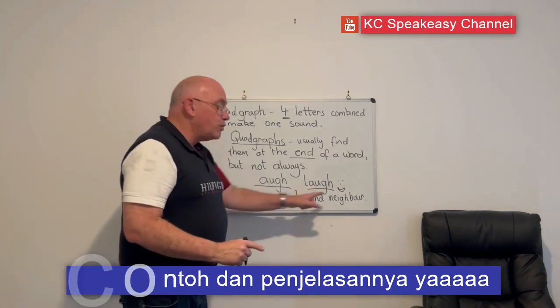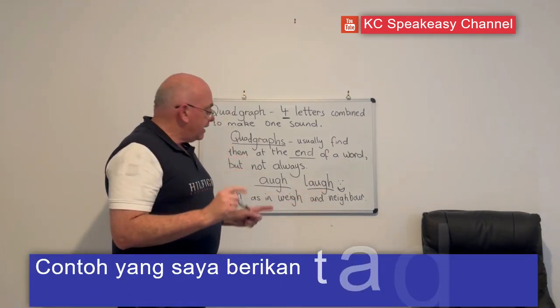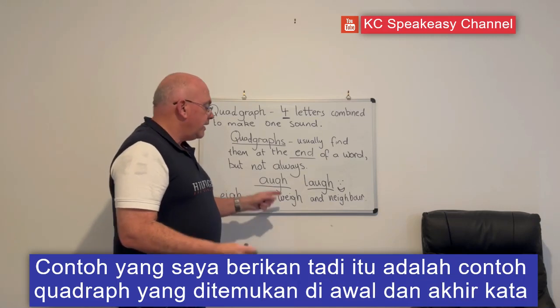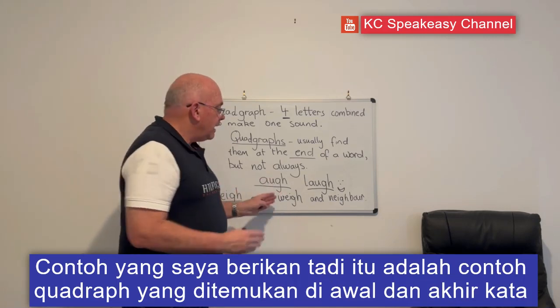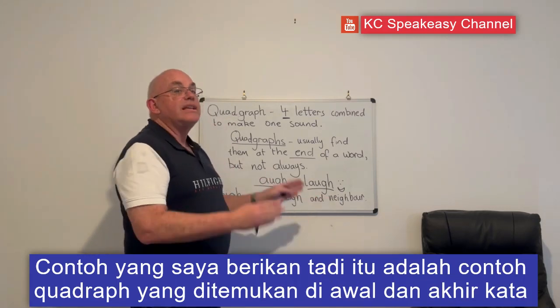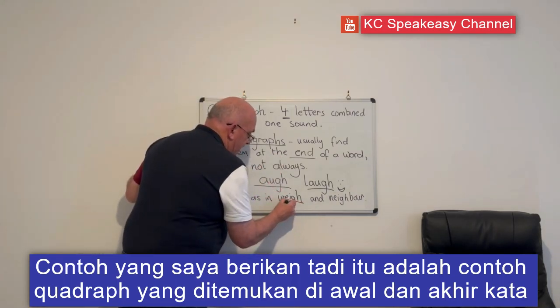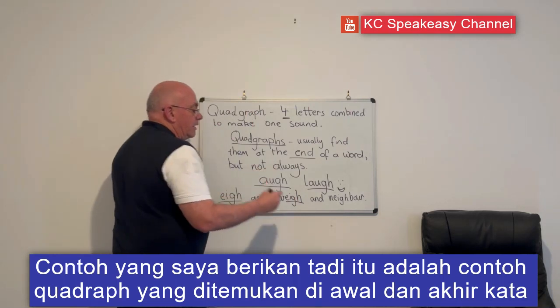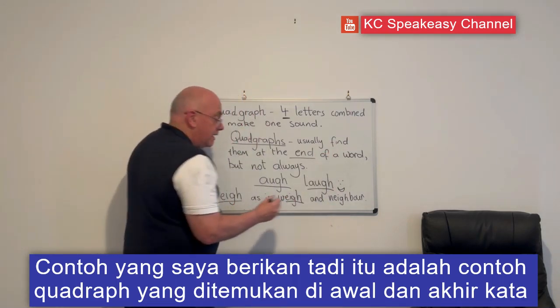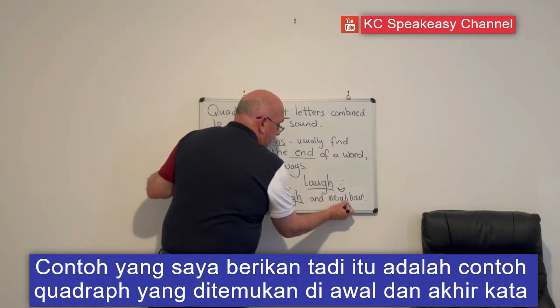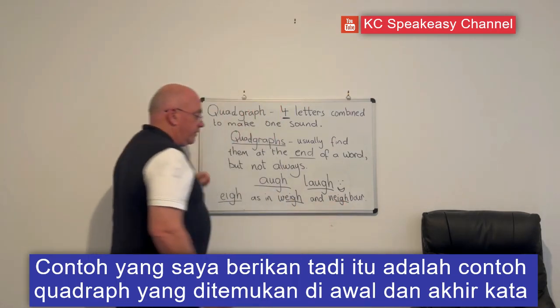And this is a really good example where it's a quadraph at the end of the word, and it's a quadraph in the middle of the word. I'll underline that for you. So there it is at the end of the word, but here in neighbour, it's in the middle of the word.